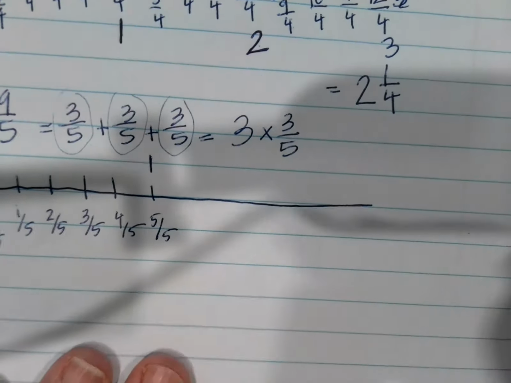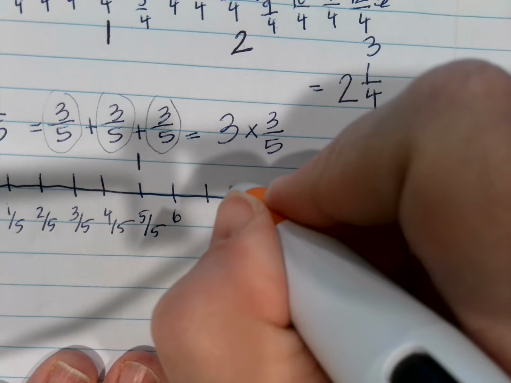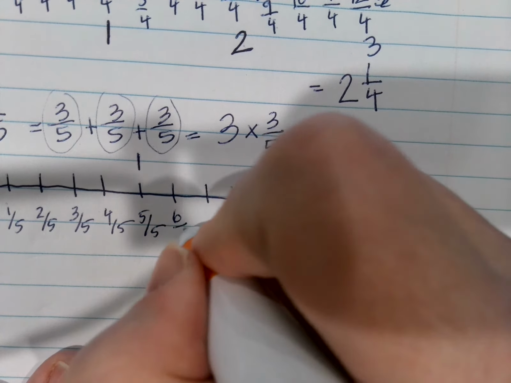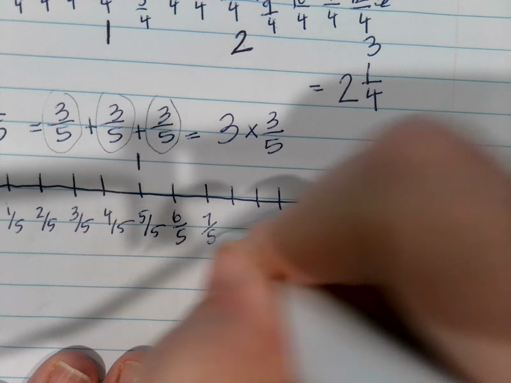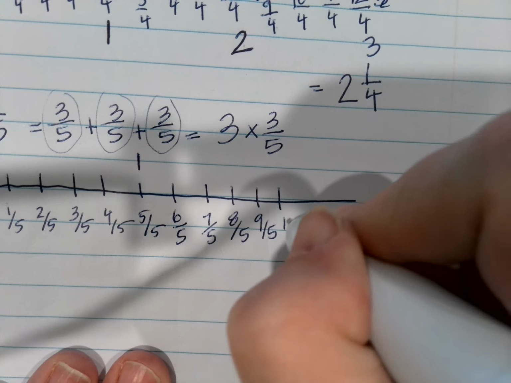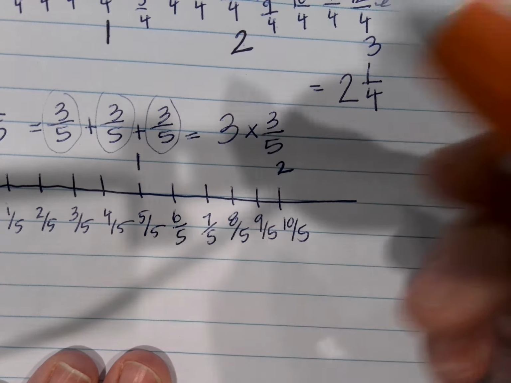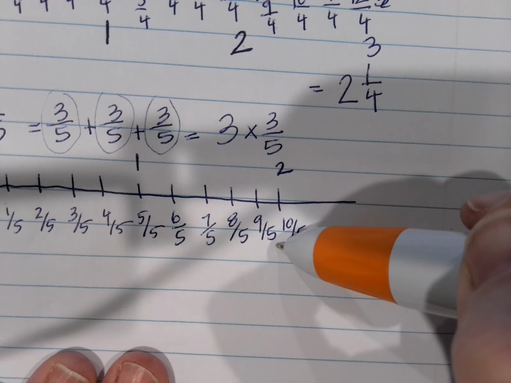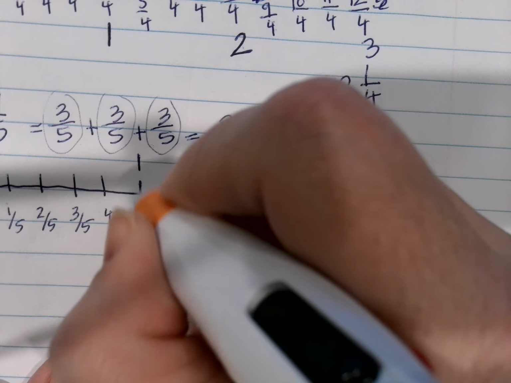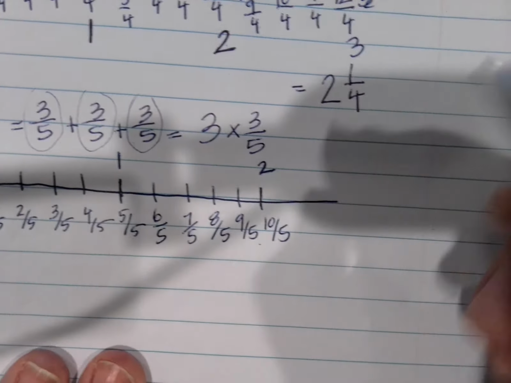Okay, there's 1. And there's 2. Okay, Mrs. Essig, why did you choose 5s as the denominator? Because that's what it is in the problem. Okay, so each whole number is going to have 5 intervals in it.